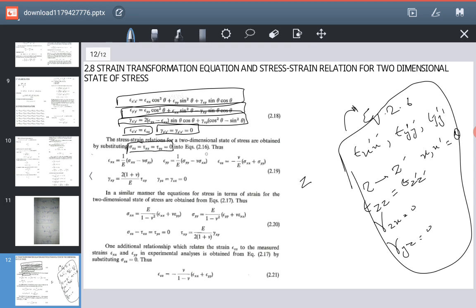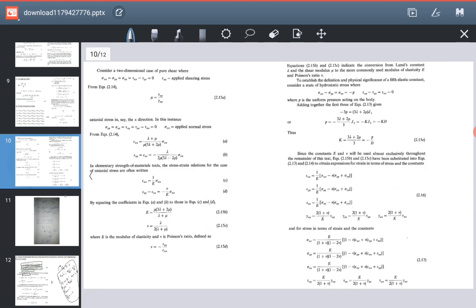If I put that in equation 2.16, sigma z as 0, tau yz 0 and tau zx 0, and simplify it, this will be 0, this will be 0, and I will be left with just this expression.